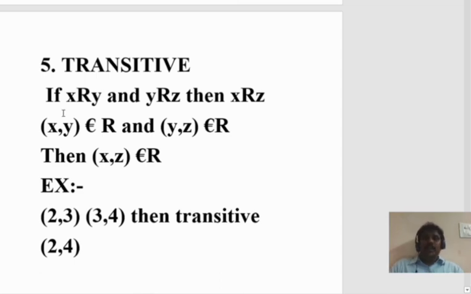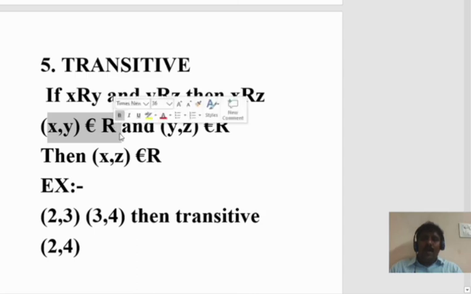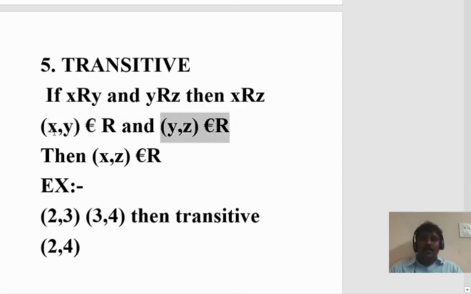Here once again we recall the transitive property. If x is related to y and y is related to z, then x is related to z, then the property is called transitive property. Or simply we can write: if xy belongs to R and yz belongs to R, then xz belongs to R, then it is called transitive property.